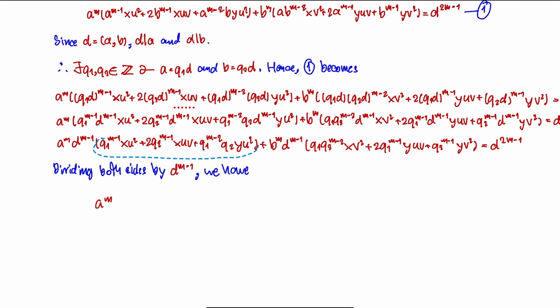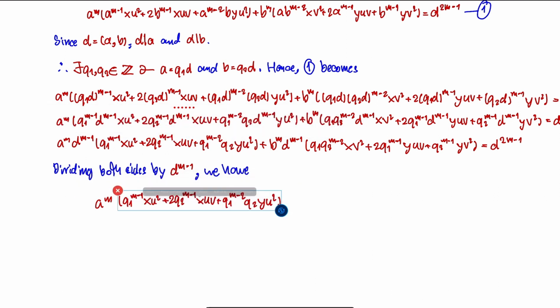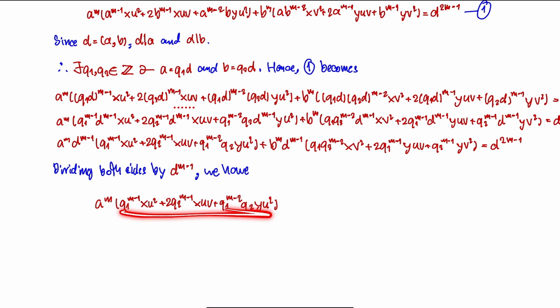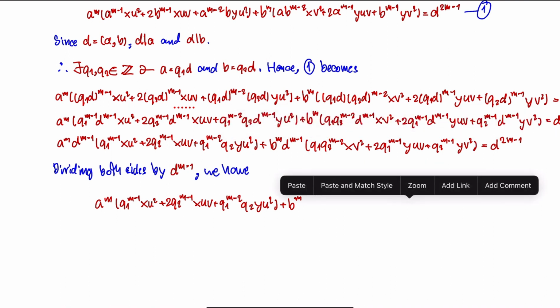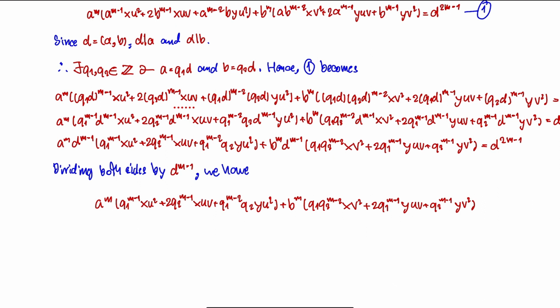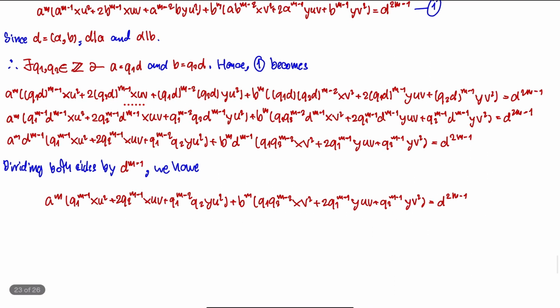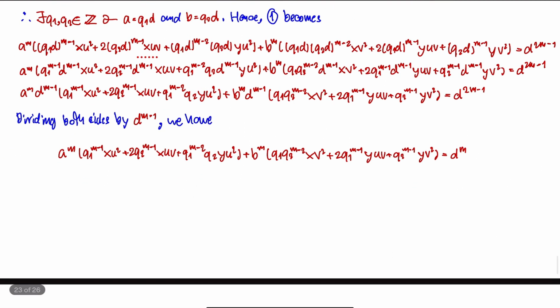So I copy this term, and we're going to have a to the m times these integers plus b to the m times this term, then it equals d raised to the power of 2m minus 1. Oh, sorry, we have to subtract m minus 1, right? Then you're going to have just d to the m. Okay, it's just going to be d to the m. Then what next?